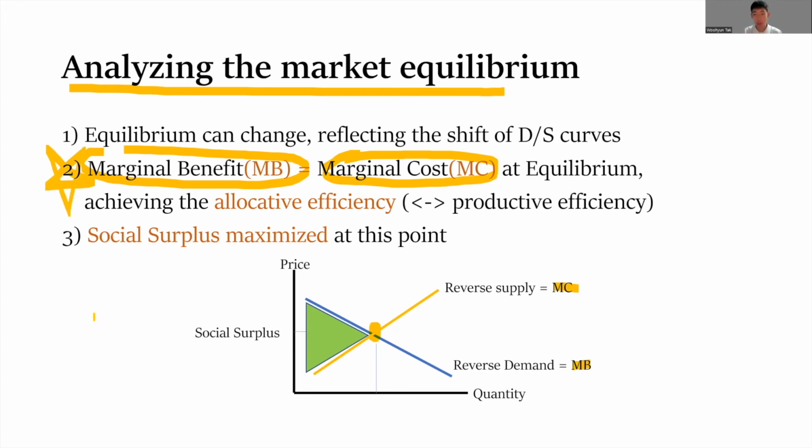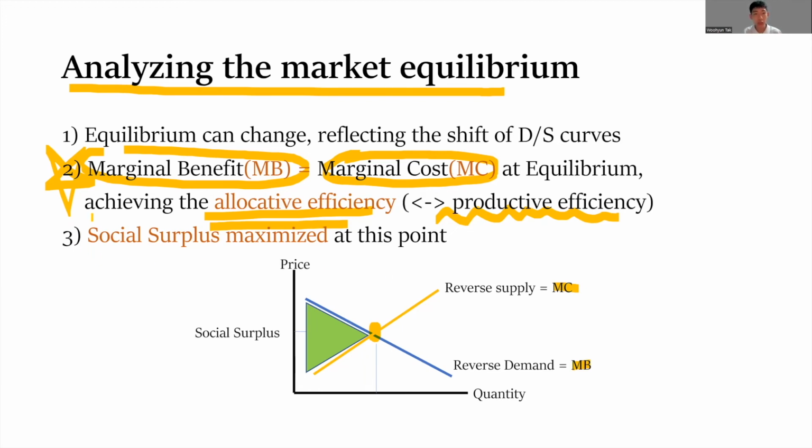Therefore, people with more desire and more money can buy the exact quantity that he or she wants. Therefore, it achieves allocative efficiency because it distributes scarce and limited resources in the most efficient way, fully utilizing society's potential and remaining resources. But you should not confuse it with productive efficiency, which will be covered in market structures.